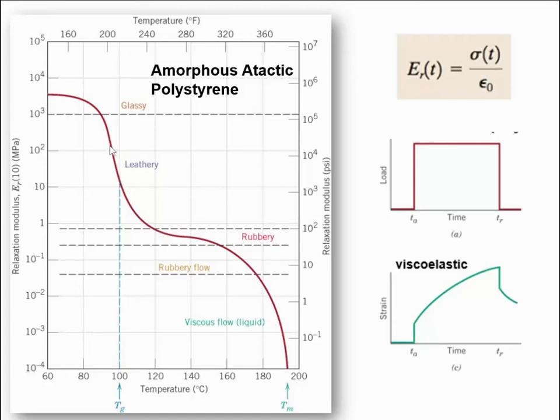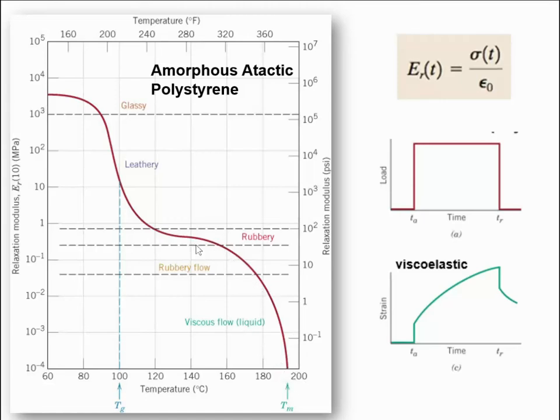It's still very tough. And this is a leathery region, and then as it transitions from that into the rubbery region, very soft material now to touch. And if you keep going, then we're going to get another drop in the modulus, and it's going to fall off very rapidly, and that's when we're approaching the melting point.